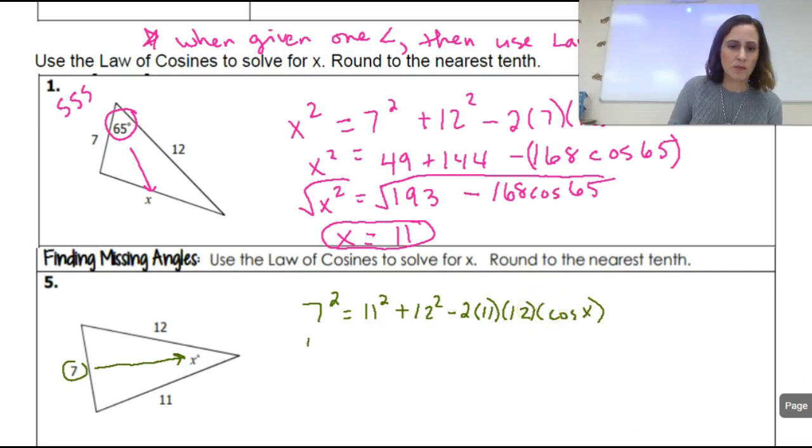Okay, simplify. 49 is equal to 121 plus 144 minus 264 times the cosine of x.